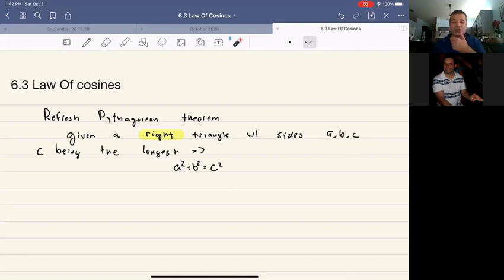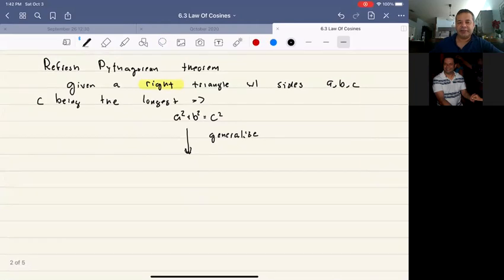Now we're going to generalize this to triangles that aren't right triangles. The generalization of this is the law of cosines.